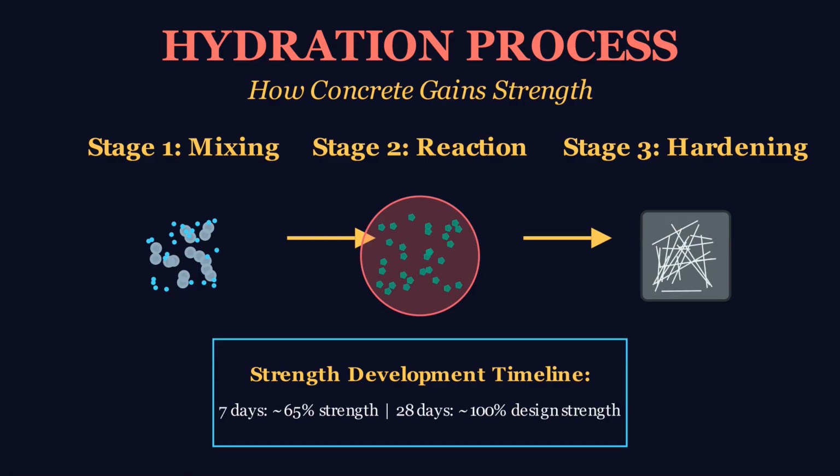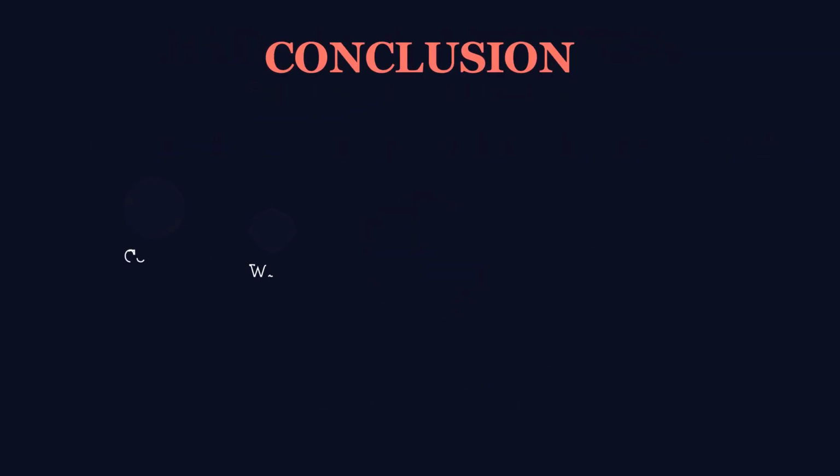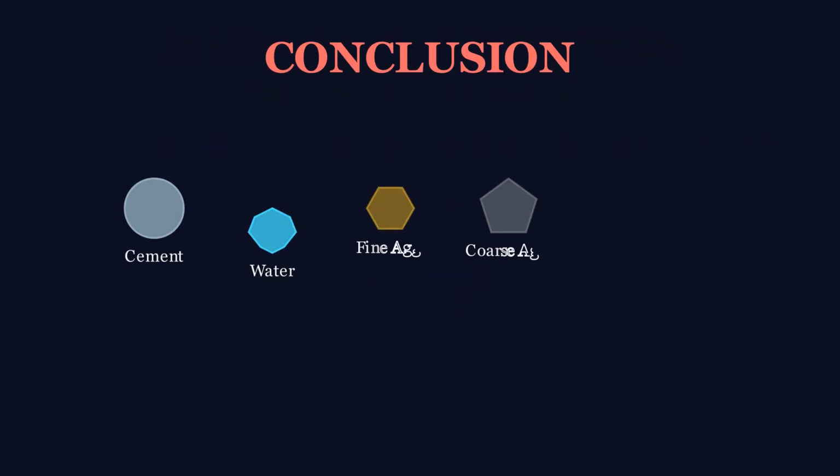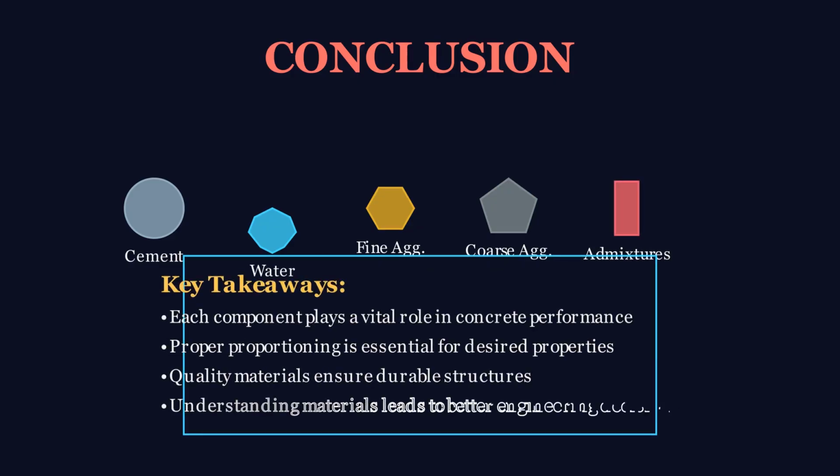In stage 3, these compounds continue to grow and interlock, creating a hardened, crystalline structure. Concrete typically reaches about 65% of its design strength in 7 days and full strength at 28 days, though the hydration process continues for months.